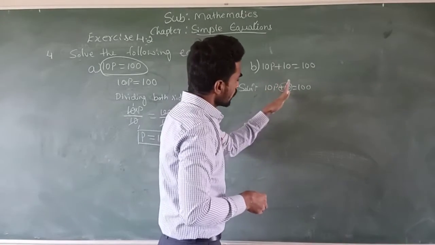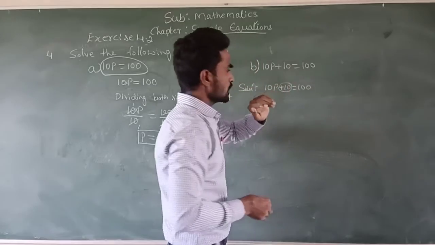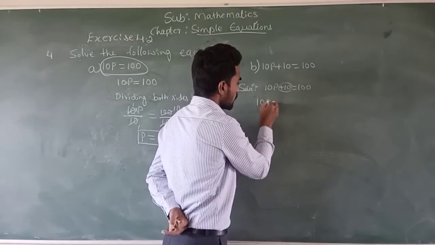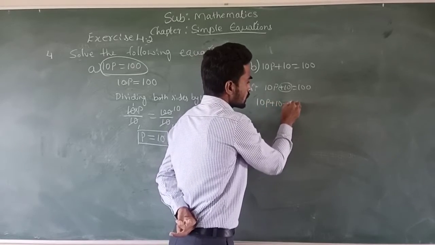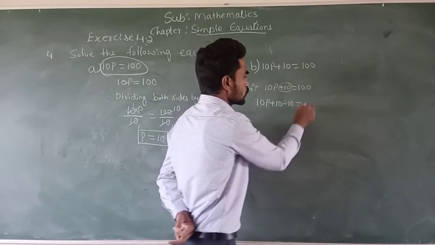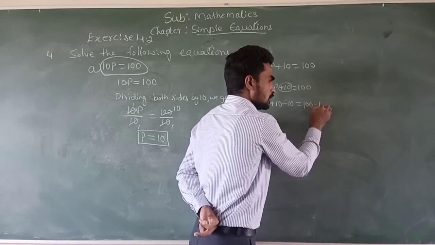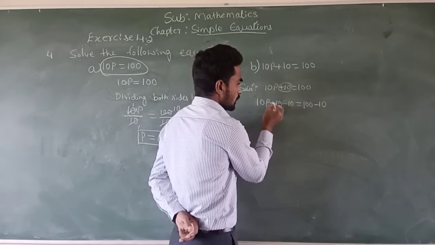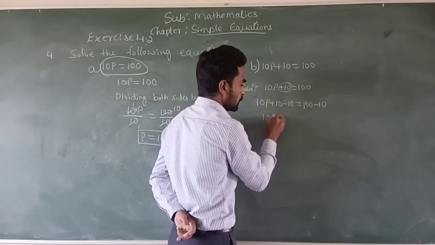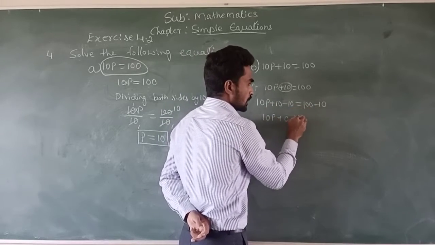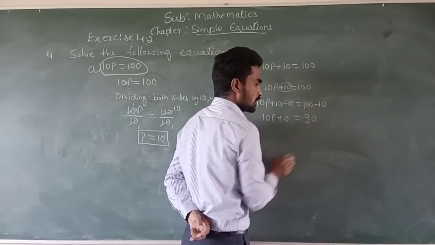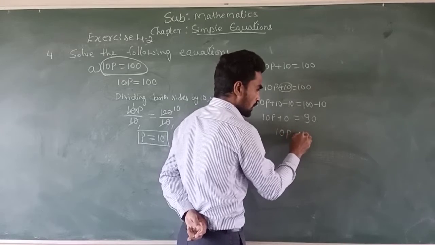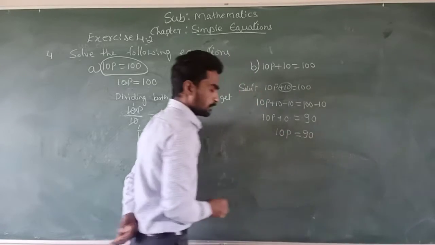Then to cancel this term, we can subtract 10. Then 10p plus 10 minus 10 is equal to, in the RHS also we subtract 10, 100 minus 10. Here plus 10 minus 10, we get 10p plus 0, which is equal to 100 minus 10, that is equal to 90. 10p plus 0, again we get 10p, which is equal to 90.